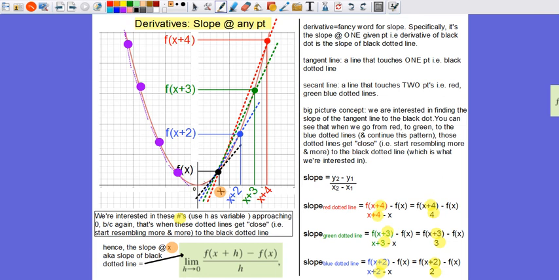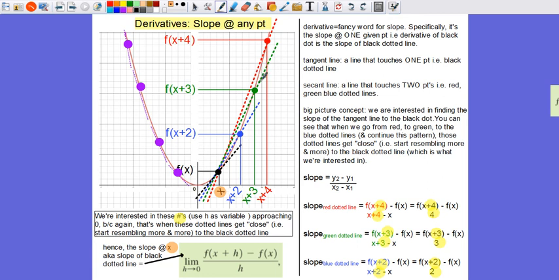You can see a pattern: as you start from the red, go to the green, go to the blue, you get closer and closer to the black line. That's the first thing I want you to notice. The slope of the red is really far off from the black dotted line.